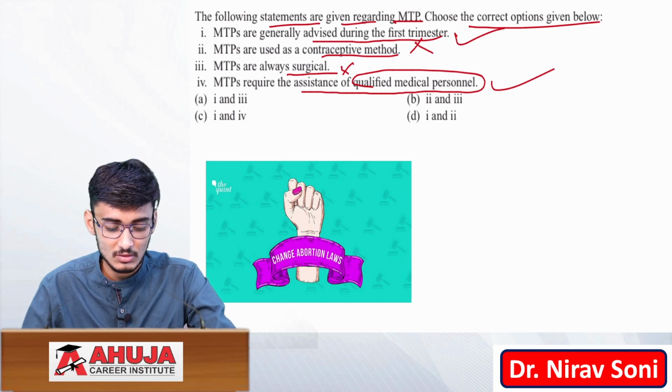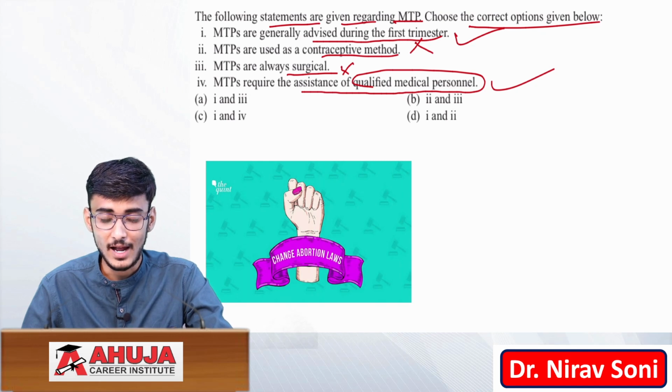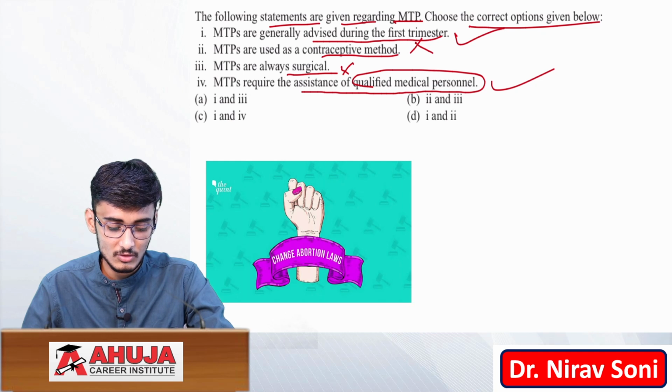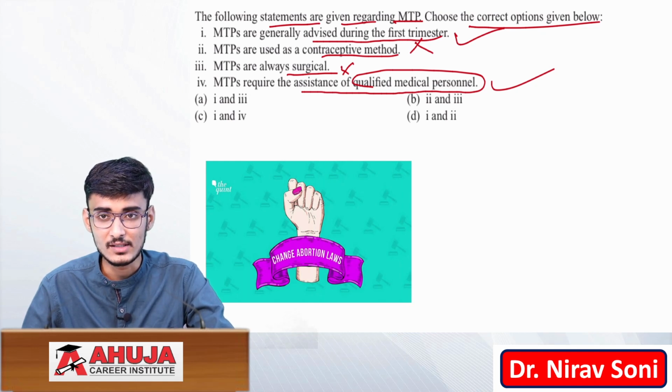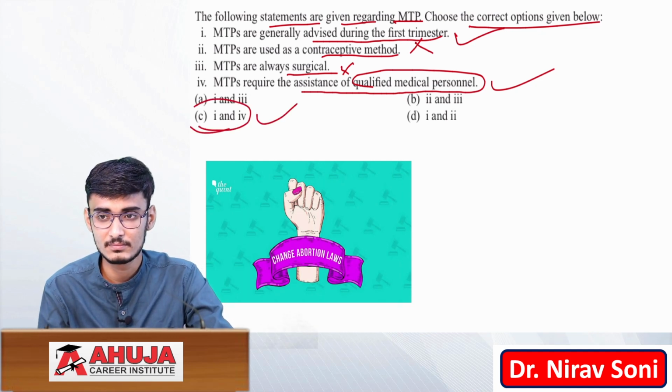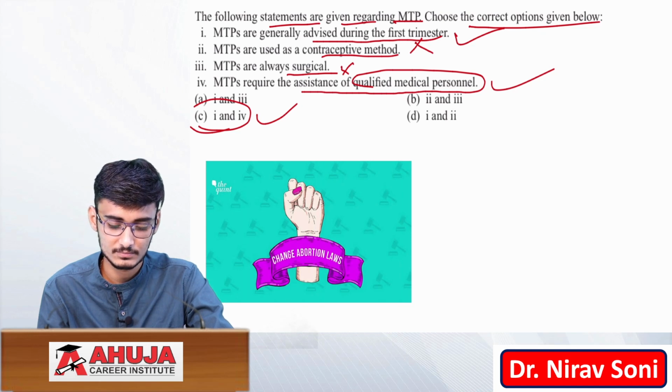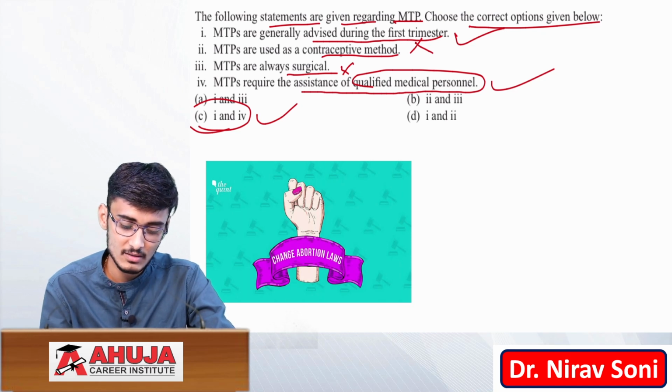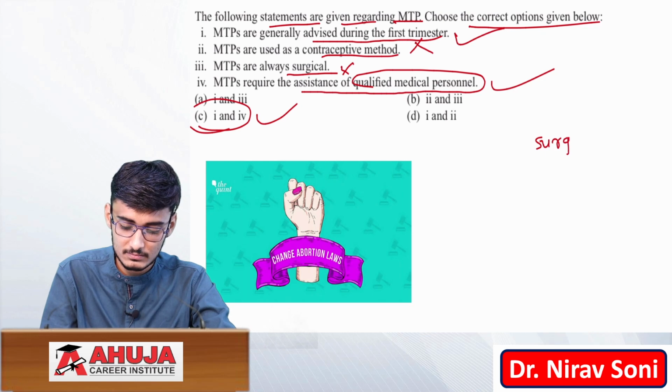Which type of way is suitable for the female, either surgical or medicated. So you cannot say here that MTPs are always surgical. So option C should be right over here. 1 and 4 both are correct. Either MTP, surgical or medicated.